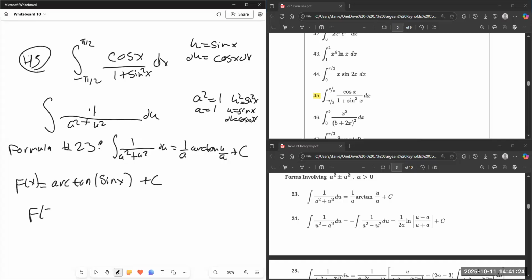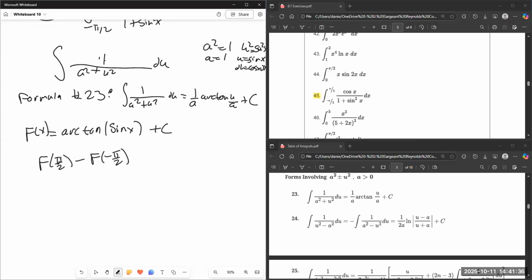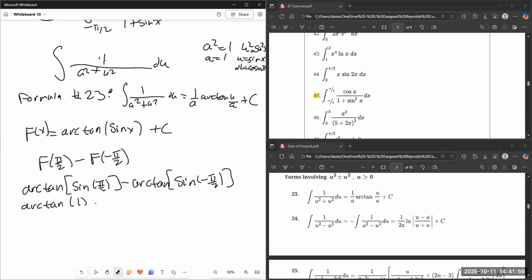I want f of pi over 2 minus f of negative pi over 2 for my definite integral. So I want arc tangent of sine of pi over 2 minus arc tangent of the sine of negative pi over 2 is arc tangent of 1 minus arc tangent of negative 1.